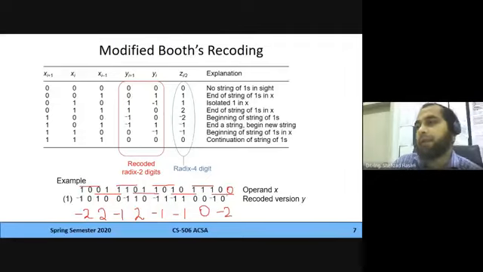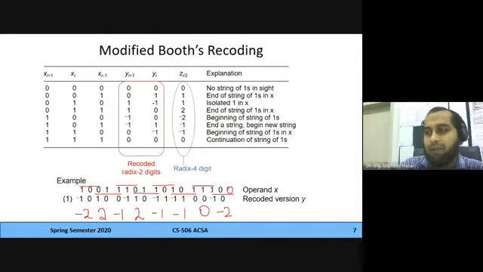So this is a 16-bit number, right? When you're talking about Booth algorithm, you're always talking about signed numbers. So it's a negative number. We normally need 16 operations, 16 steps. Sometimes when there is a 0, you don't need any operation over here.